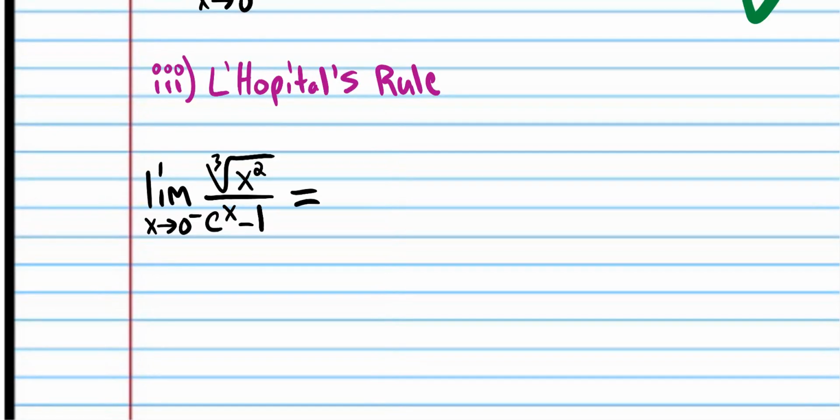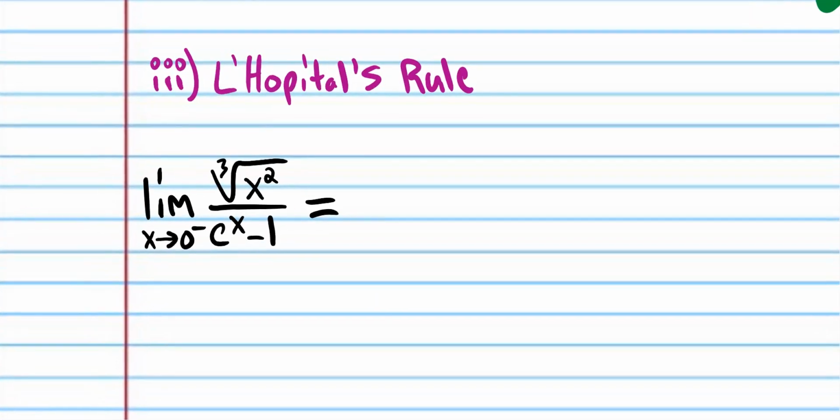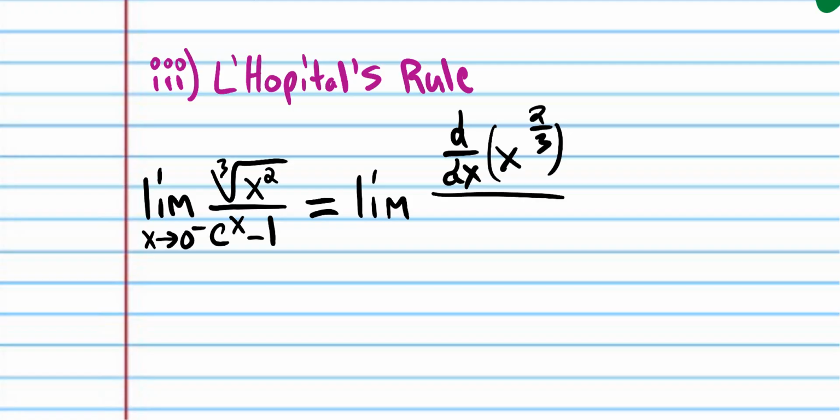Okay, so L'Hopital's rule tells us that the limit of that expression is equal to the limit of the derivative of the numerator, and we can write it as x to the 2/3 power, over the derivative of the denominator, as x approaches 0 from the left.